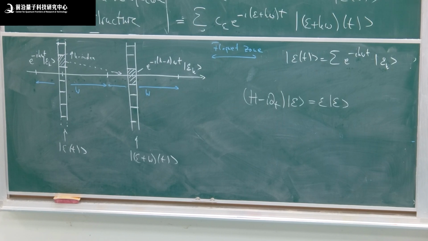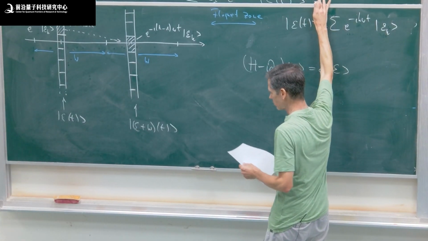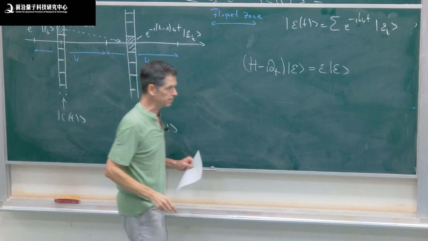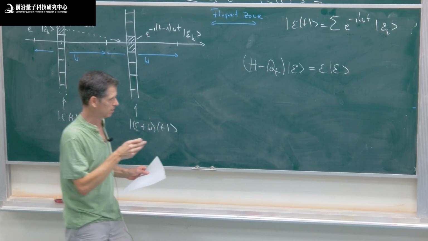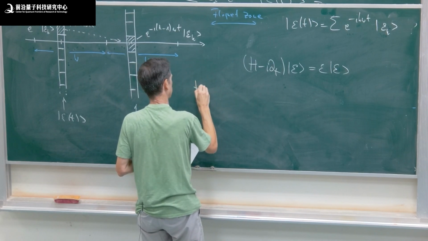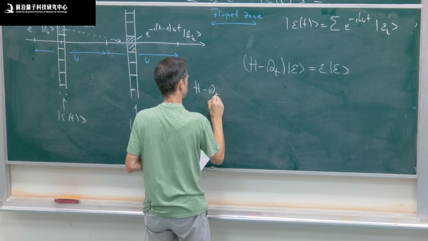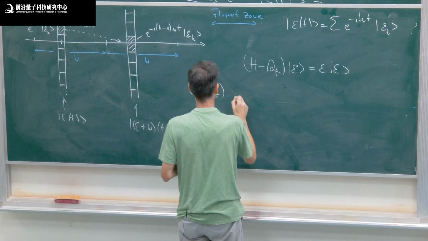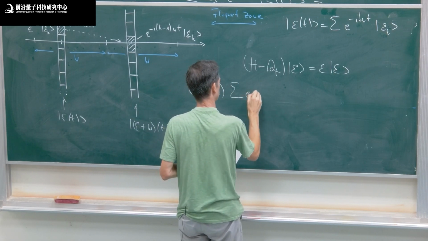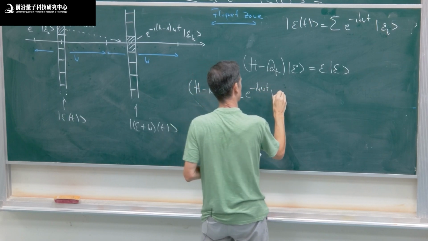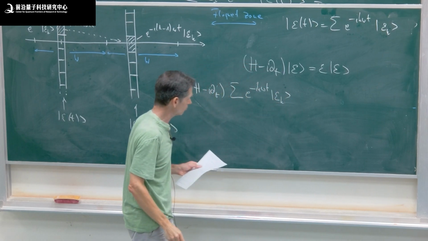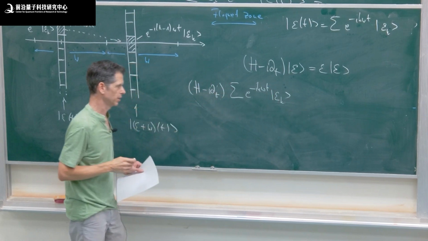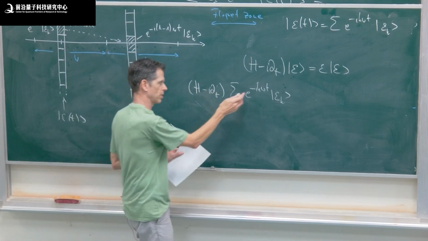So I have to shortcut a bit. Okay, now we start from this, and we plug in the expansion of Epsilon as a Fourier series. So we write (H minus i d/dt) acting on the sum over e to the minus i k omega t Epsilon_k, with k running from minus infinity to plus infinity.